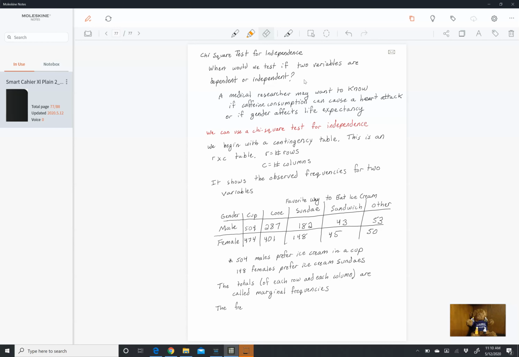The frequencies in each cell, so each cell is each box, I'm using the word cell because that's how we describe it formally, these are joint frequencies, which makes sense. You're joining together two variables.